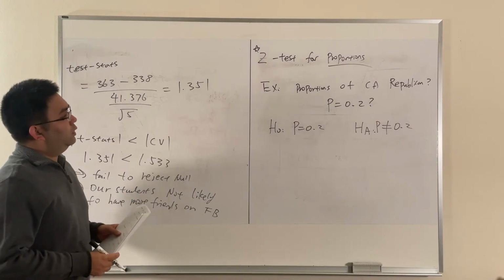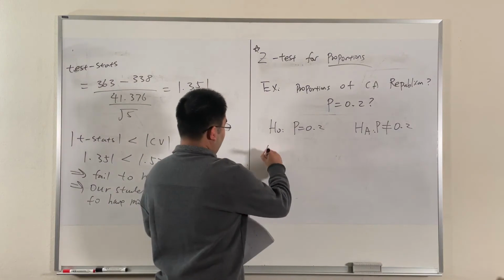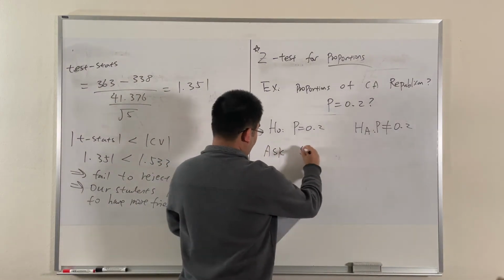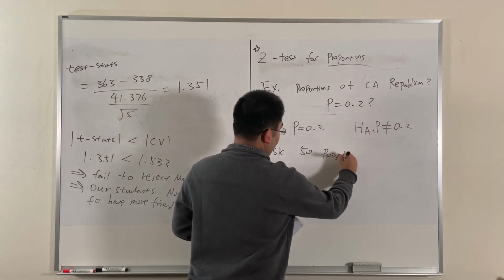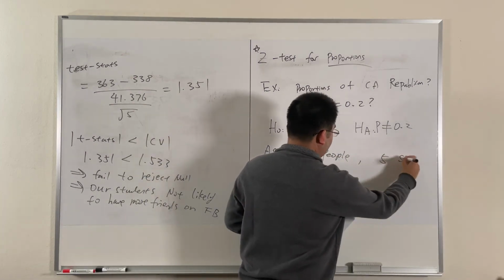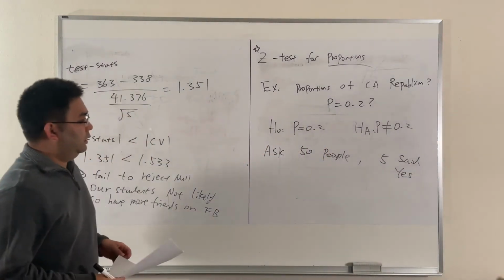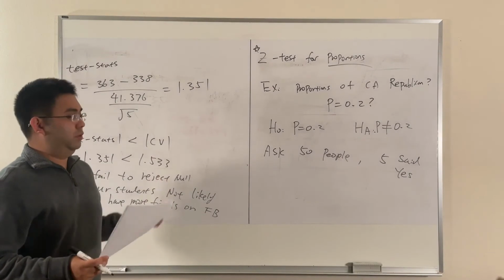How are we going to do this? Let's pick a sample. We're going to ask 50 people whether they're Republicans or not, and 5 said yes. So of the 50 people in our sample, 5 said yes, they're Republicans.